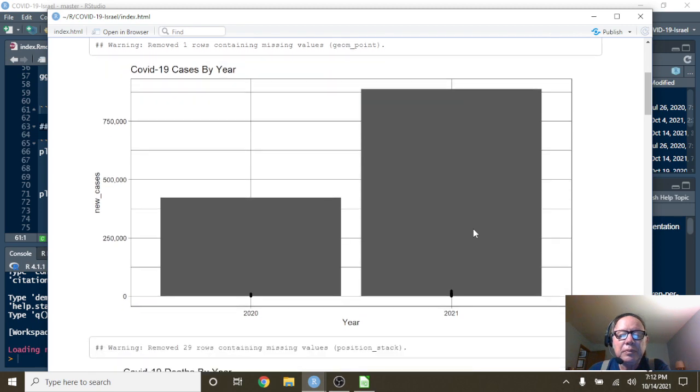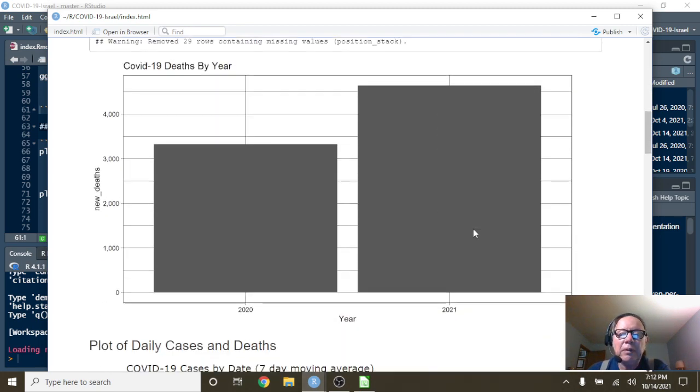Okay. What about deaths? Well, unfortunately, your deaths have already passed 2020's deaths. This is despite a massive vaccination effort. So the question of deaths is more deaths.